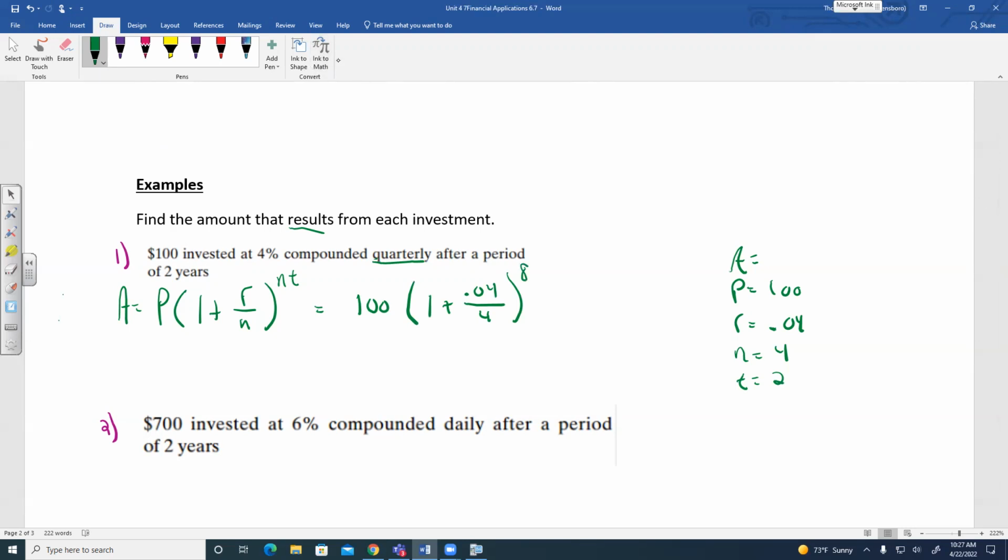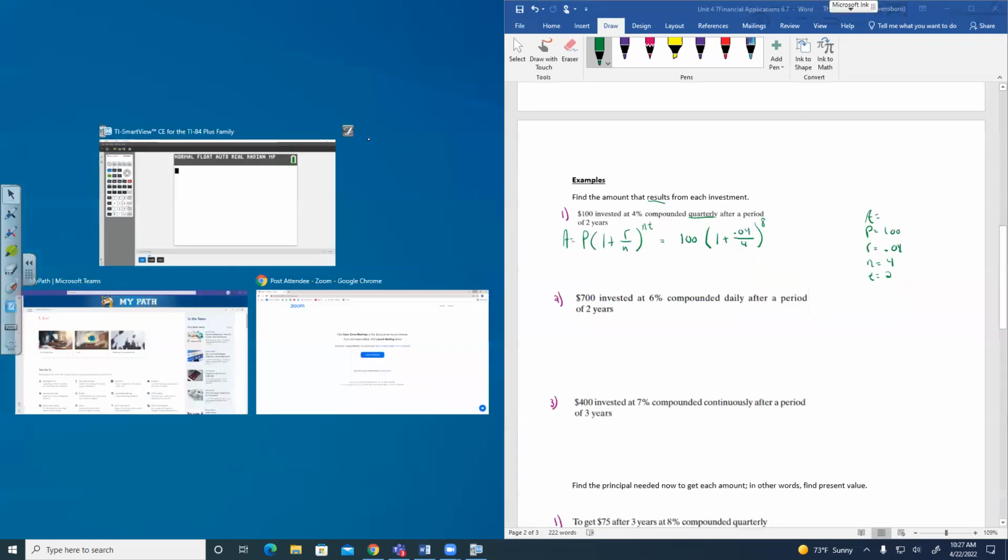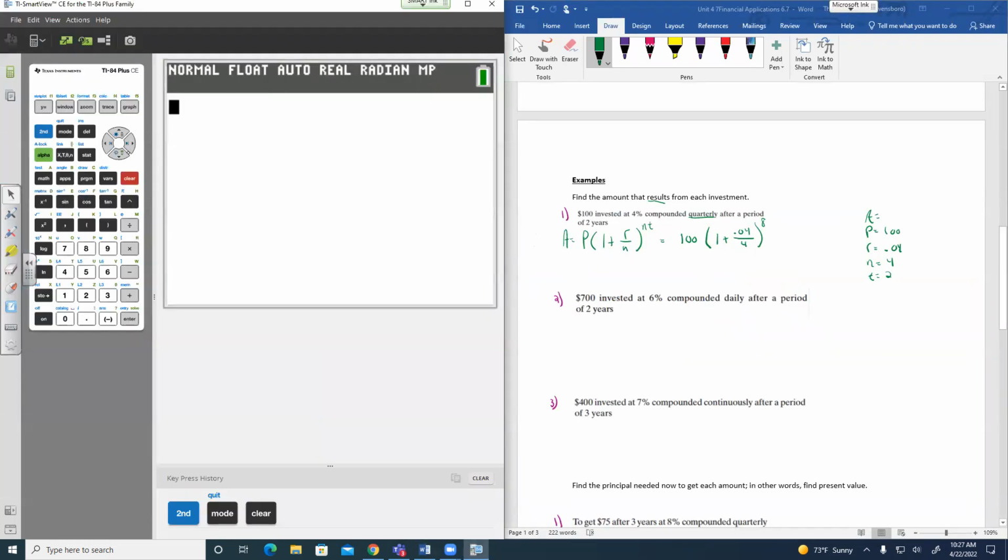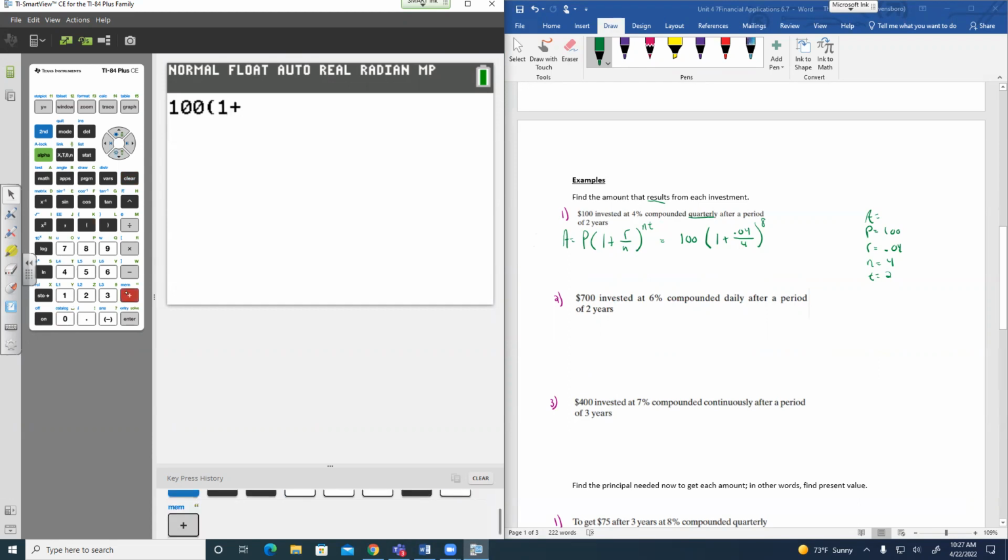So if we input this into our formula, we have 100 times the quantity 1 plus 0.04 divided by the number of times compounded.